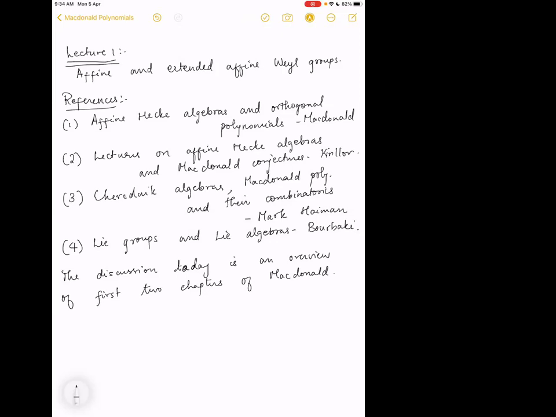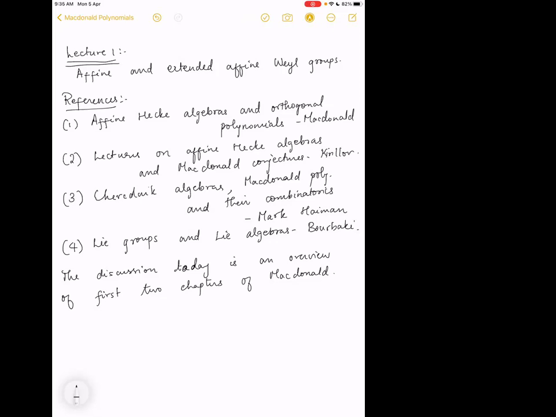So I will talk about affine root systems. I'll begin with some very basics about Coxeter groups, braid groups, and Hecke algebras that one can obtain by looking at the group algebra of a Coxeter group, of a braid group. And then I will talk about affine root systems, alcoves, and so on, and discuss both the affine and the extended affine Weyl groups in some generality, not in the generality that MacDonald has done, but not in a very specific example also.